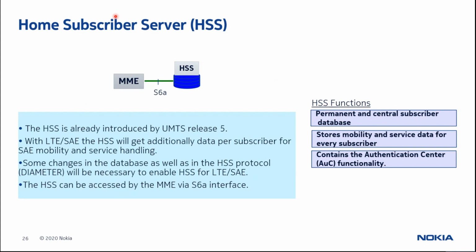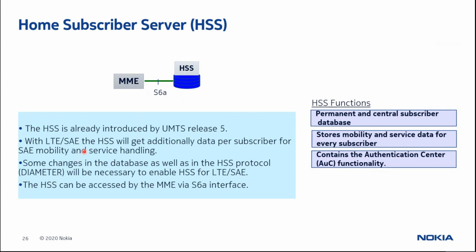HSS, as I already said, is a permanent database, and it stores the data of the subscriber, and it also aids in authentication functionality. There are certain keys, certain algorithms, and certain input random numbers and responses that are exchanged among the network elements and the phone during the authentication function. You can actually Google that. So all these parameters are exchanged by the HSS towards the mobile phone to ensure that the mobile phone or the user is uniquely identified and authenticated before he or she accesses the network.